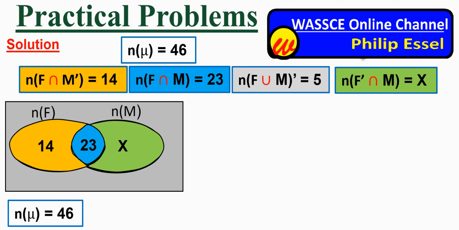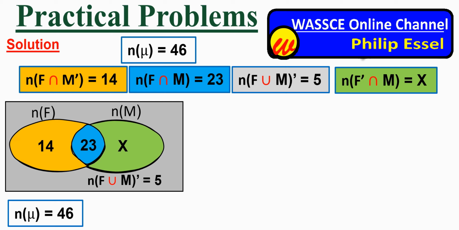So our (F union M) complement will be in the gray region. We've now been able to draw our Venn diagram using the given information.